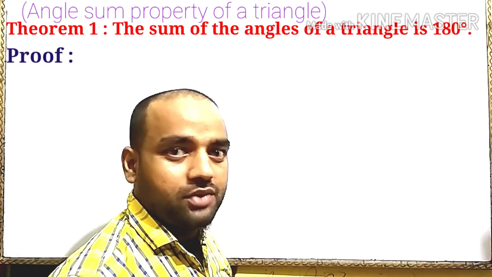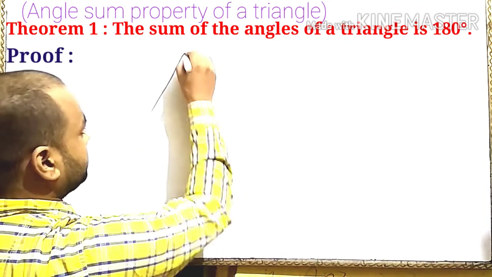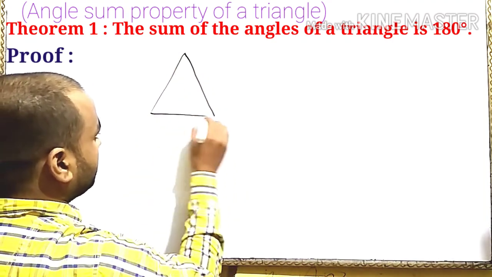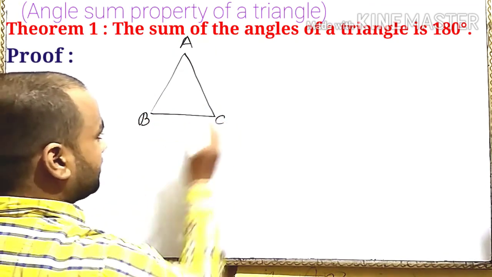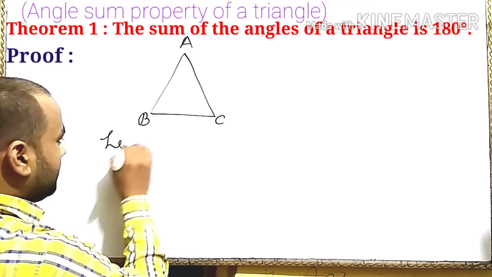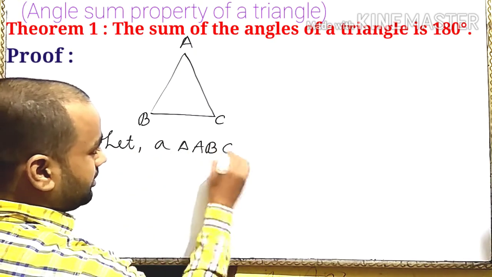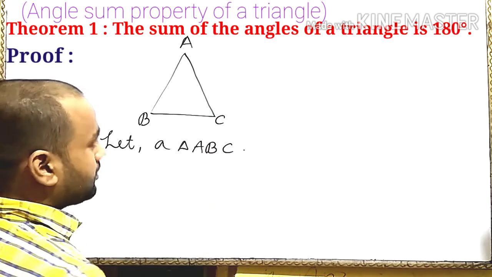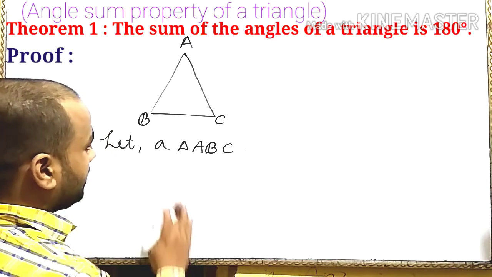First of all, we take a triangle ABC. Let ABC be a triangle. Here construction is required.